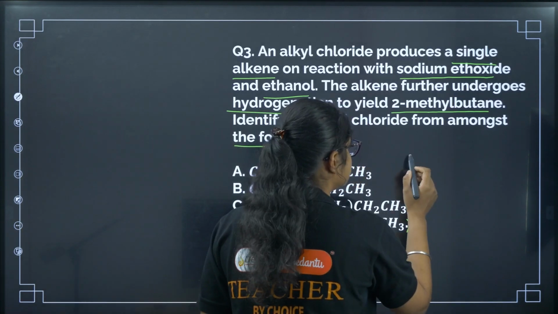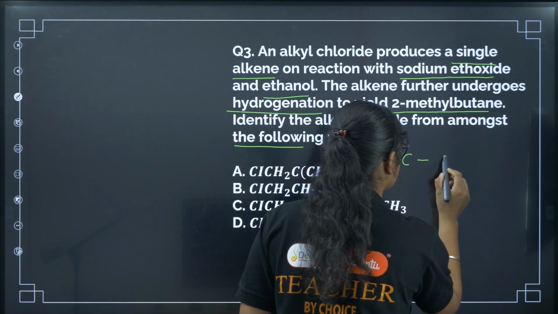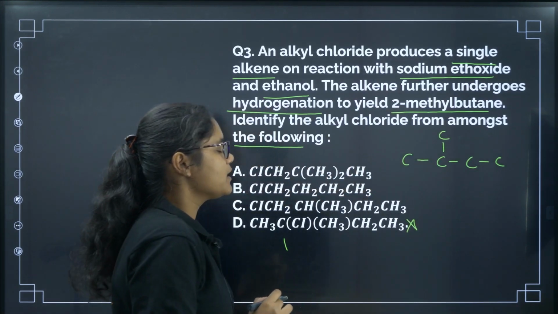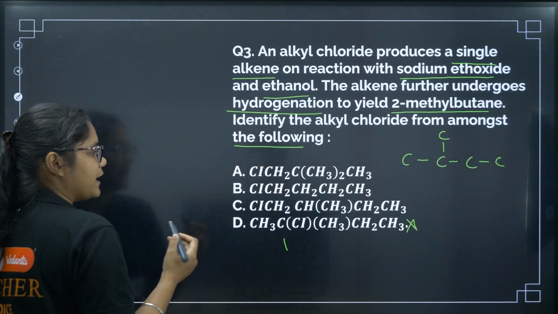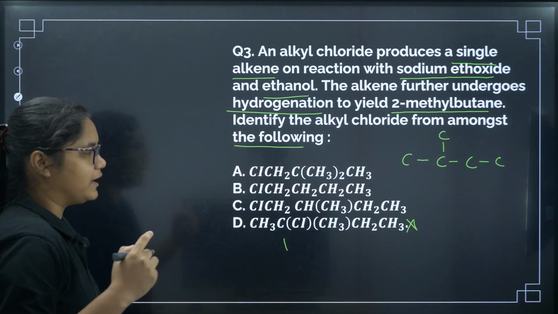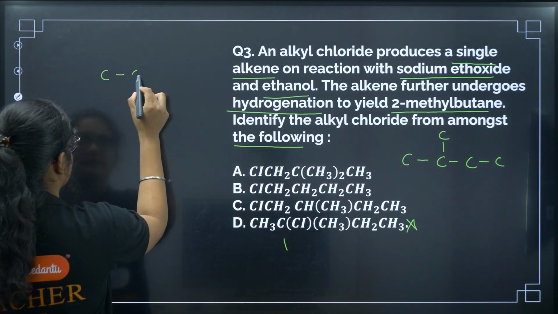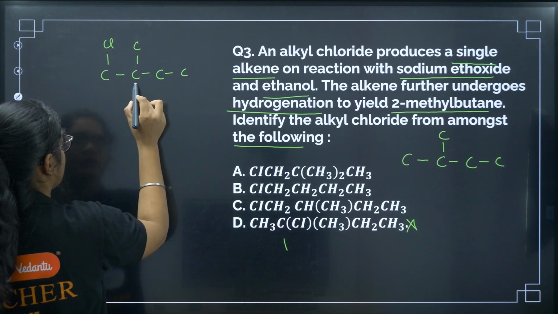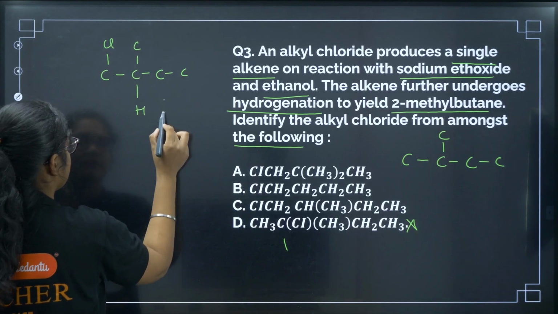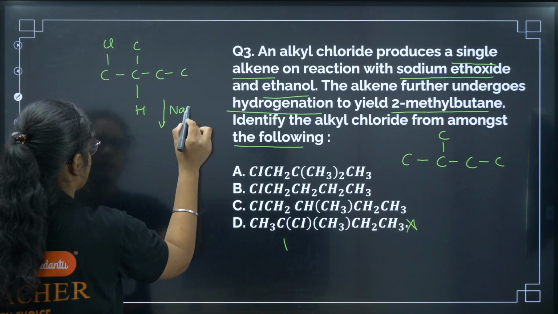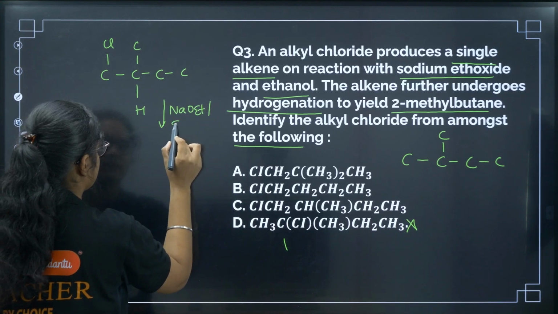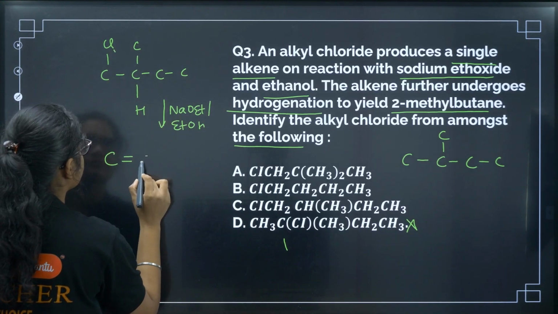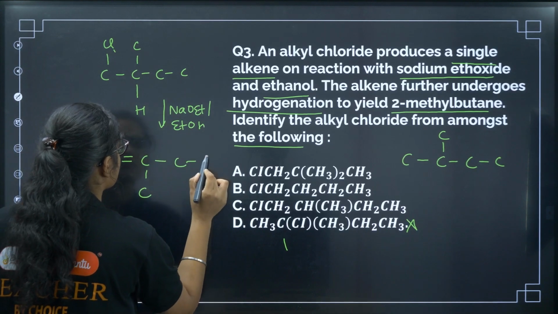The hydrogenation will give you 2-methyl butane. So if I have this one, this is 2-methyl butane. Okay. Now hydrogenation means there should be a double bond, so we can easily draw the alkyl halide, get this one. So you can see here methyl, and here if I have chlorine and this is my H. Now when you treat it with NaOEt, sodium ethoxide with ethanol, then what will happen? HCl will go out. So we will get this one, right?